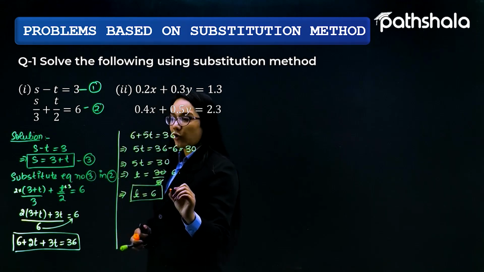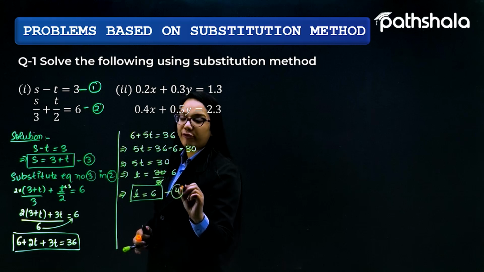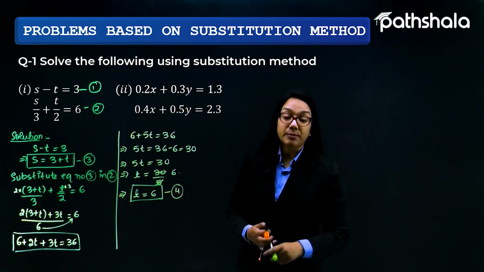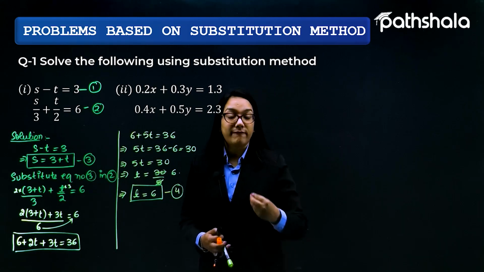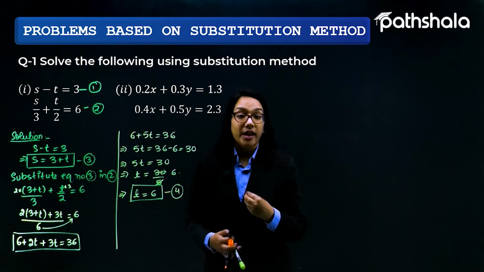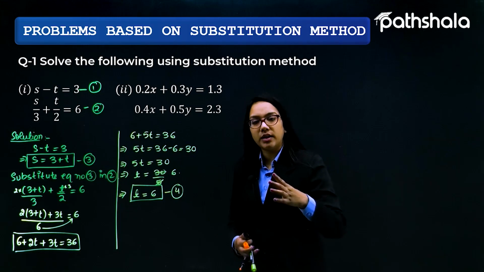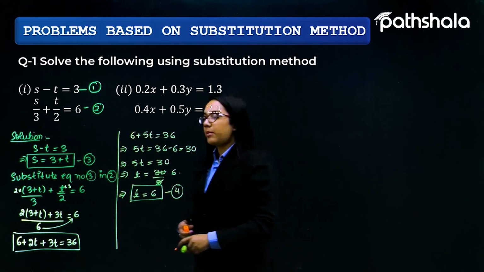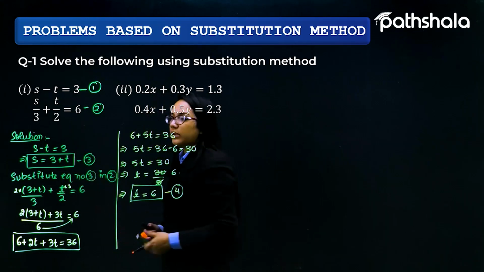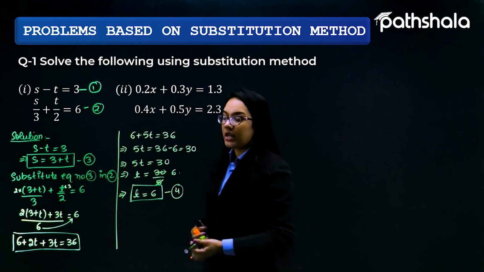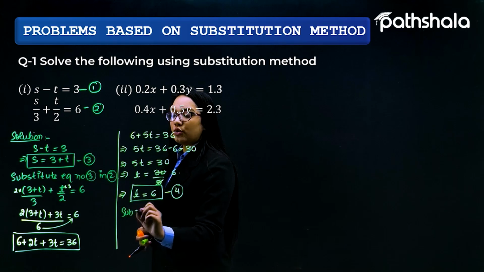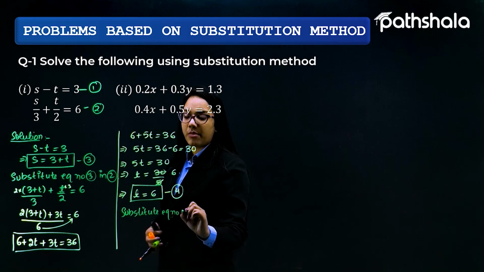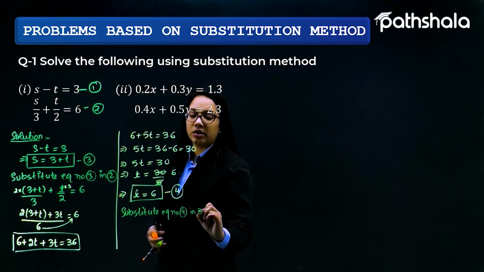Let me call this equation number 4. Now step number 3 is to substitute the value of the variable that you got into the third equation, or the first equation from step number 1. In step number 1, we have s is equal to 3 plus t. It means substitute equation number 4 in the third.